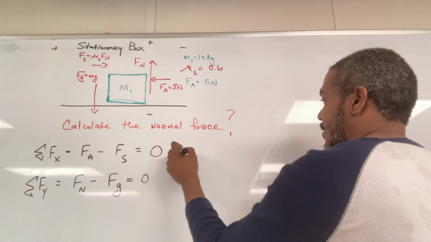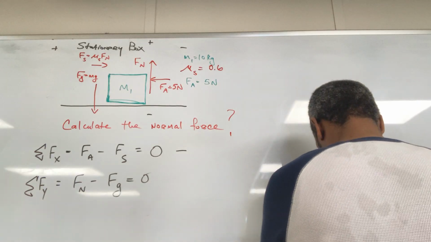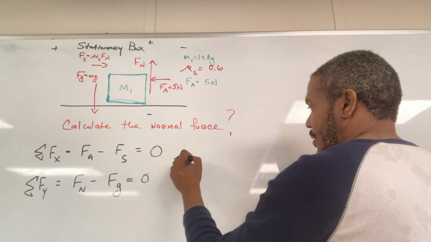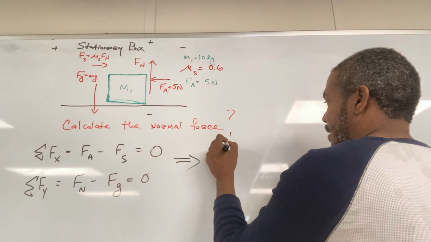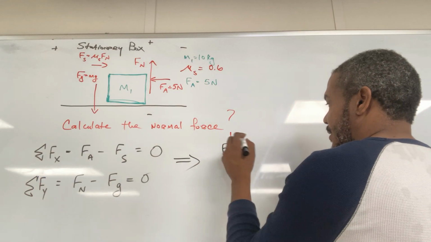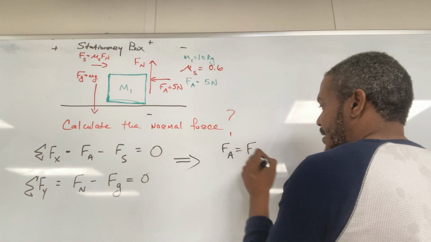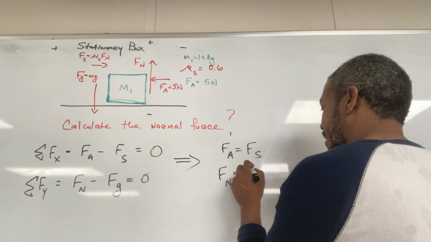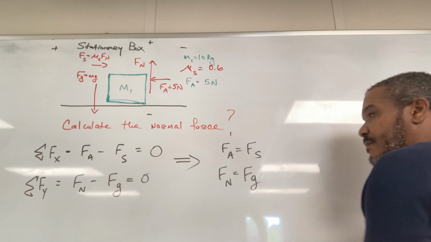We got what? Therefore, and we can write one thing for both. Therefore, right? F of A is equal to what? F of S. And F of N is equal to what? F of G.